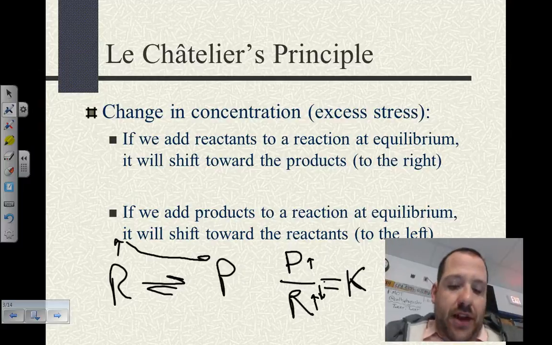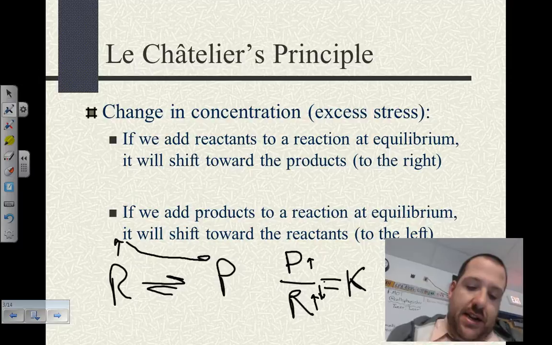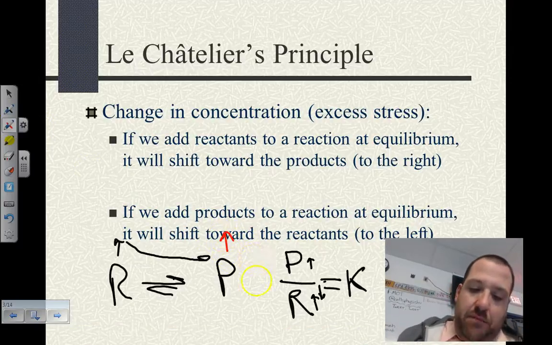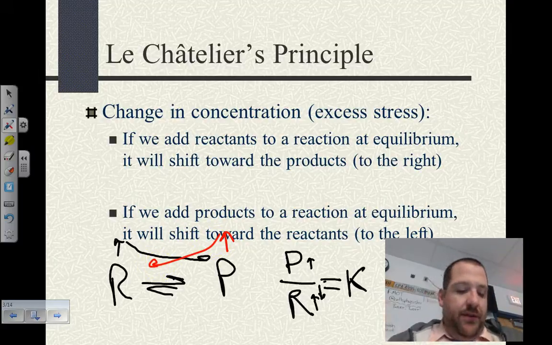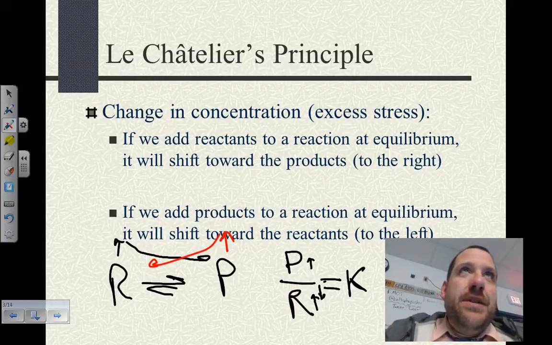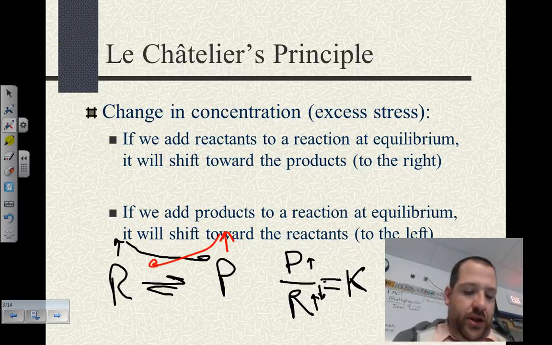So if we increase the amount of reactants, we shift to the right. And if we increase the amount of products, we shift to the left because we want to get rid of the products for exactly the same reasons. If you can understand that concept, then Le Chatelier's principle is fairly straightforward.